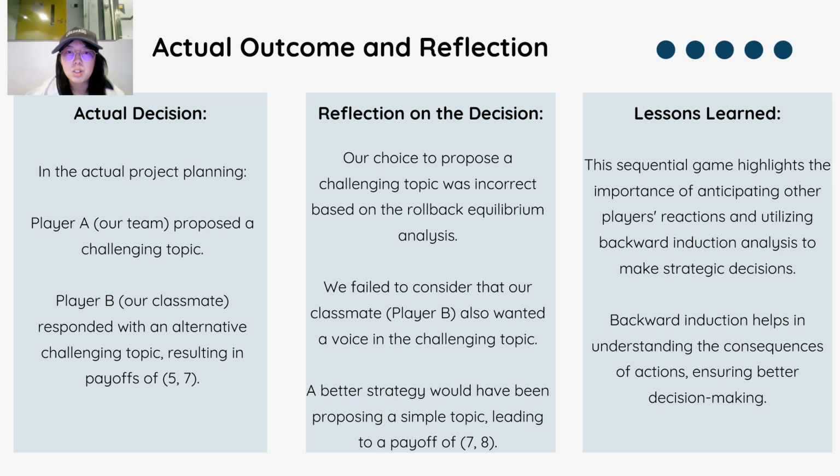We failed to anticipate that player B also wanted a say in the challenging topic, leading to suboptimal outcomes. Had we proposed a simpler topic instead, the payoff could have been 7, 8.